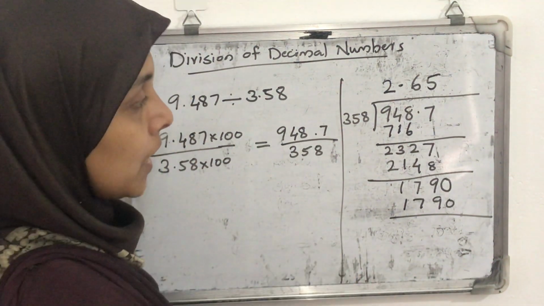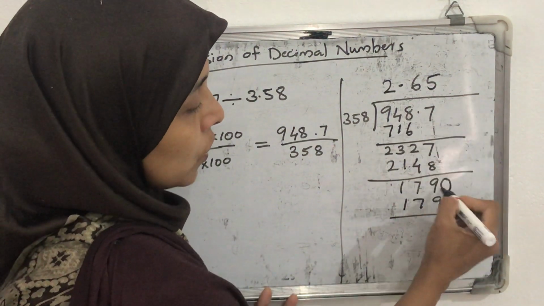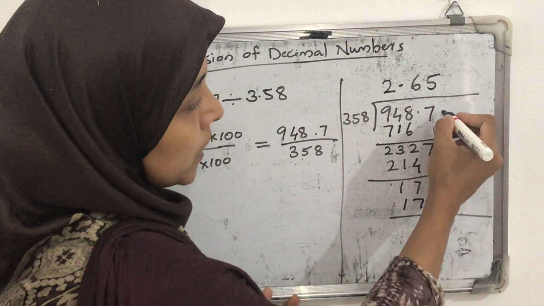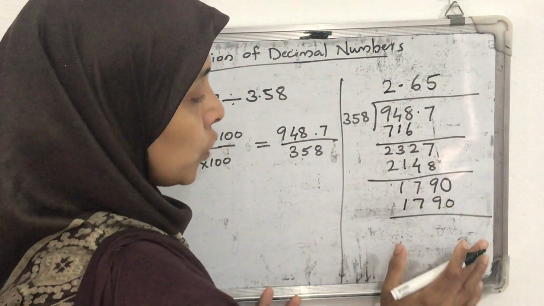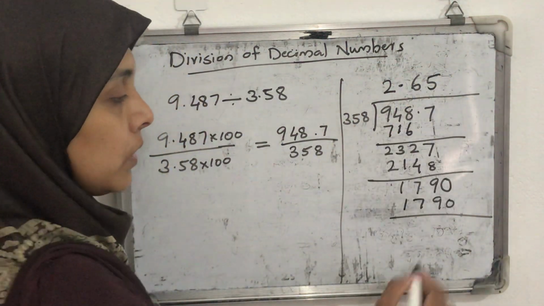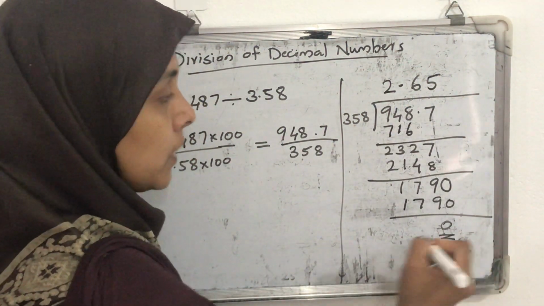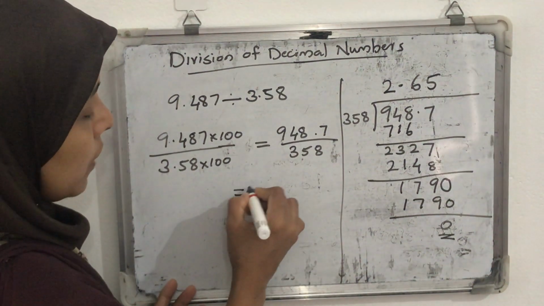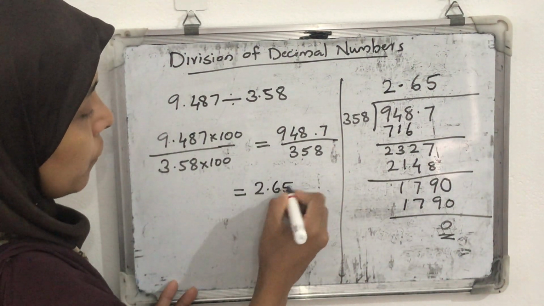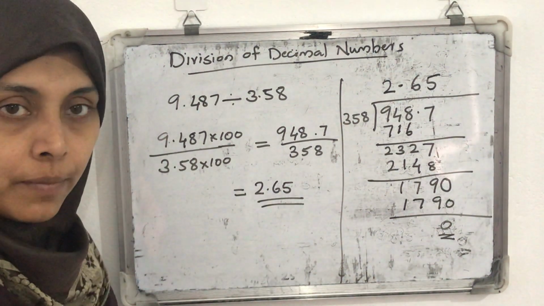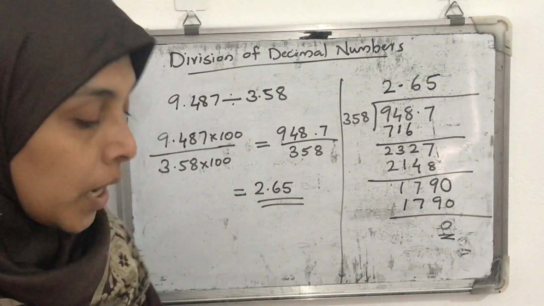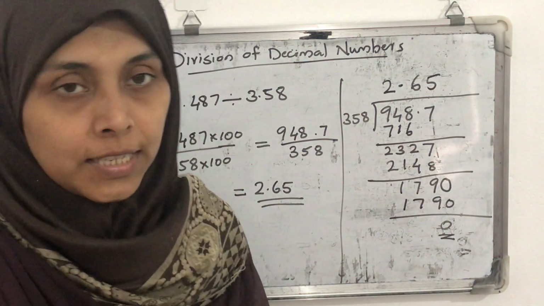So to complete this division, we can add zeros after the last place. So here we got the remainder as 0. What is the quotient we got? 2.65. Okay.